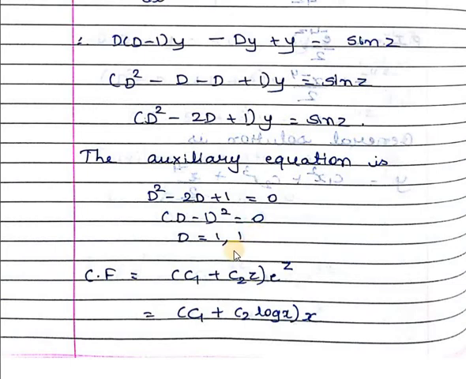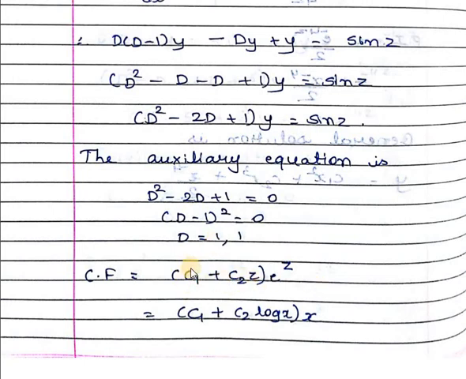Here, as you can see, the roots are real and repeated. So for that, by case 2 of CF, it will be C1 plus C2 z into e raised to z. Because here the value of D is 1, therefore it will be e raised to 1z, and 1 is repeated twice, so there will be two terms.